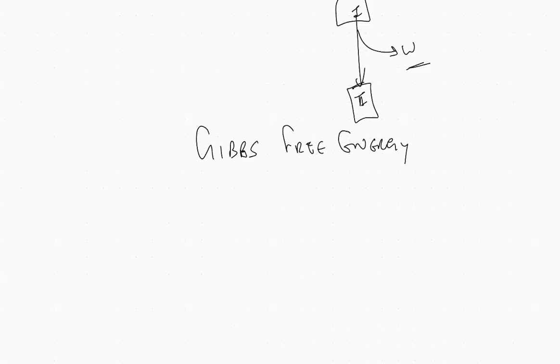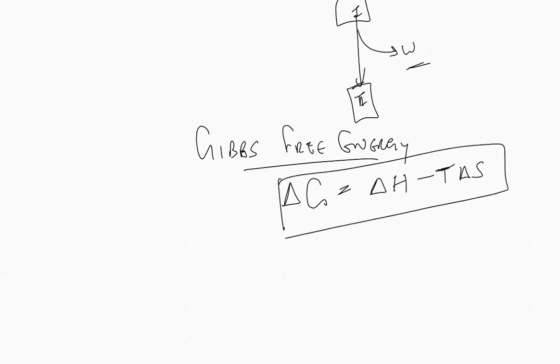Okay. Gibbs free energy. Now, the Gibbs free energy equation is delta G equals delta H minus T delta S. So these terms you know, T is the temperature, S is the entropy change, and H is the enthalpy. Enthalpy you have done previously.